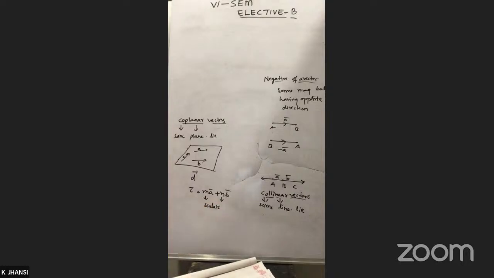We take the real numbers as scalars, and A, B, C are the three vectors we have. So on coplanar vectors, you have the theorem 1.5.9. Practice that one. So this is about the coplanar vectors.